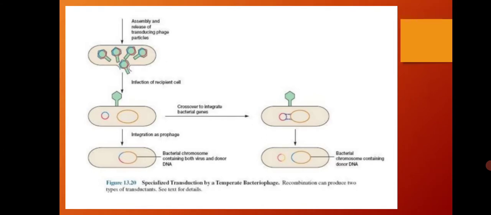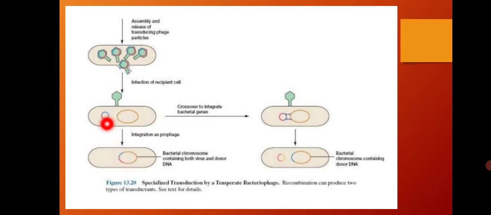Here they will recombine. The bacterial chromosome contains both viral and donor DNA. There is a crossover to integrate the bacterial gene, giving a bacterial chromosome containing donor DNA. This is a very important step: recombination between the donor DNA and the recipient DNA.